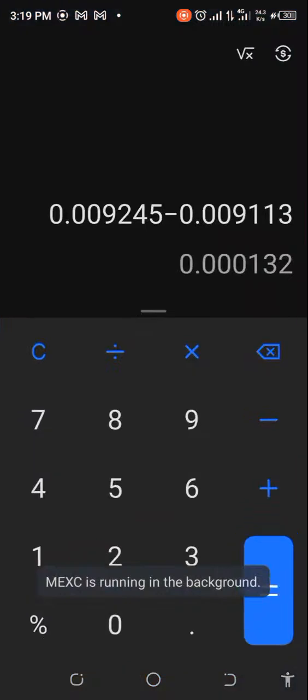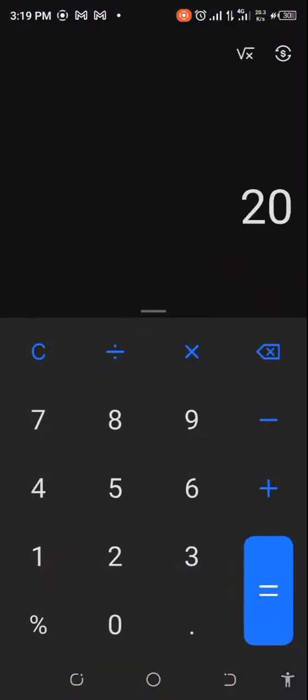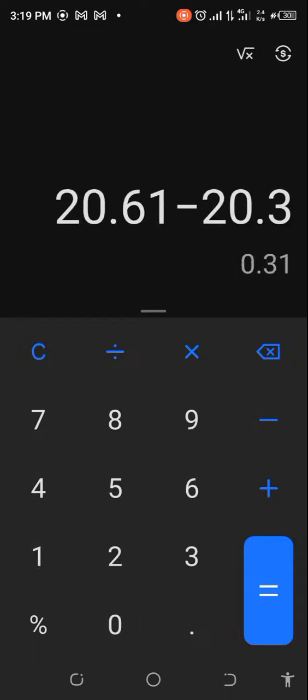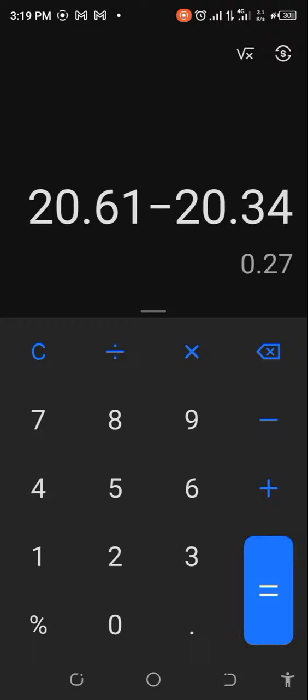So our profit margin is 20.61 minus 20.34. So we had 27 cents. So what would we call this particular percentage? Let's go back to our 20 point.